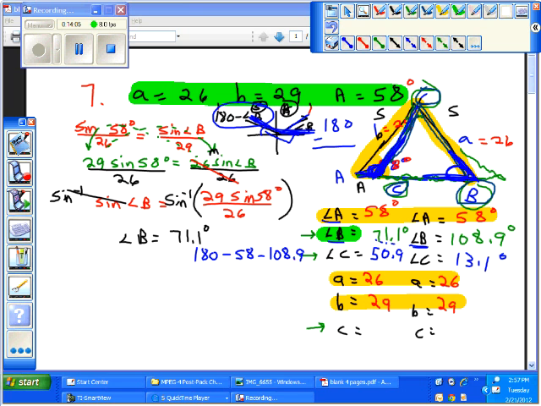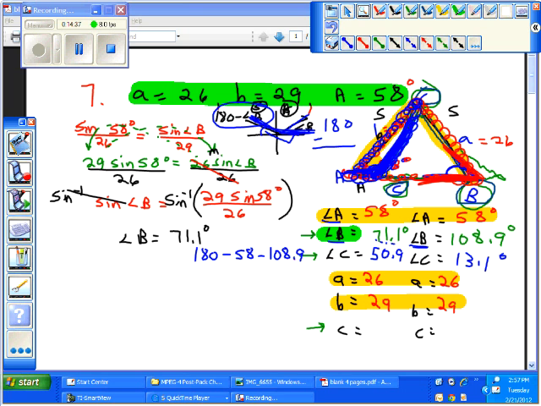The one possible solution would be this whole big triangle, which would include this angle B, or this little triangle here, which would include this angle B. Okay?